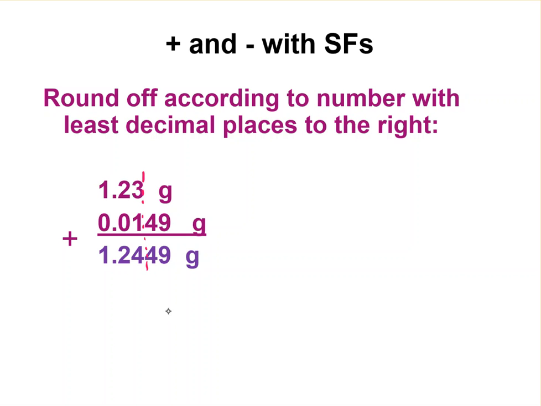It's not 5, so I would put 1.24 grams. So those are the 2 rules. Multiply, divide: you're going to look for the number with the least sig figs and go by that. When you add and subtract, you're going to line up the decimal places, and cut them off by the one that goes least far to the right.